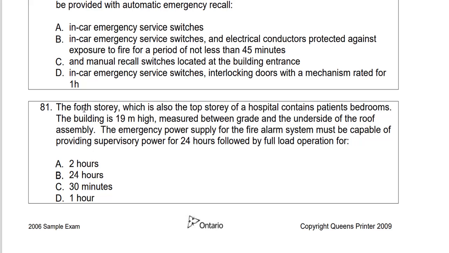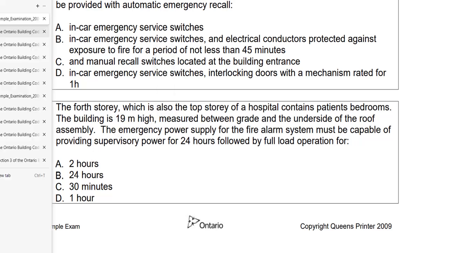Question 81. A four-story building, which is also the top story of an office, contains patient bedrooms. The building is 90 meters high, measured between grade and the underside of the roof assembly. Now 90 meters in height, that tells me it's a high building. How did I analyze that?